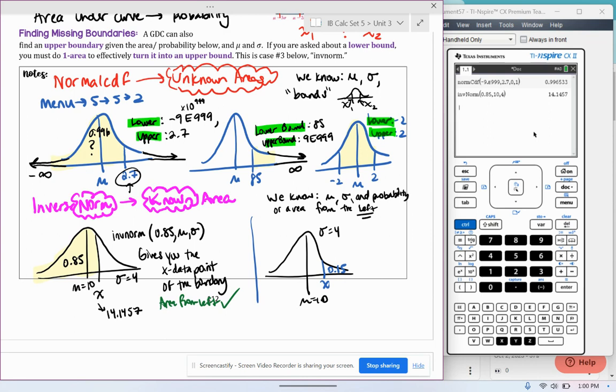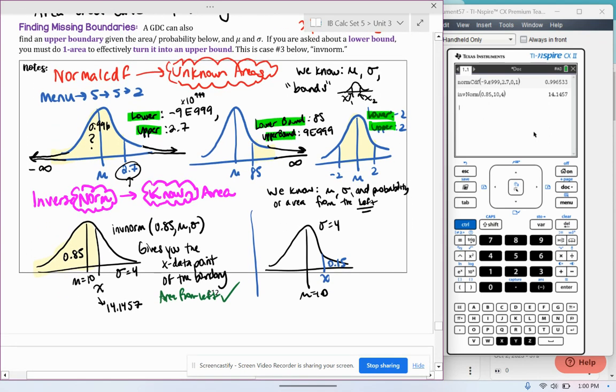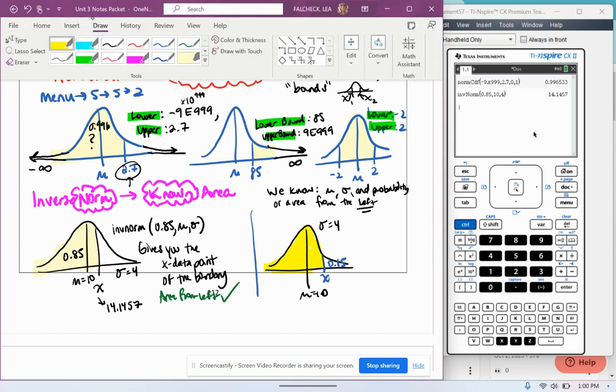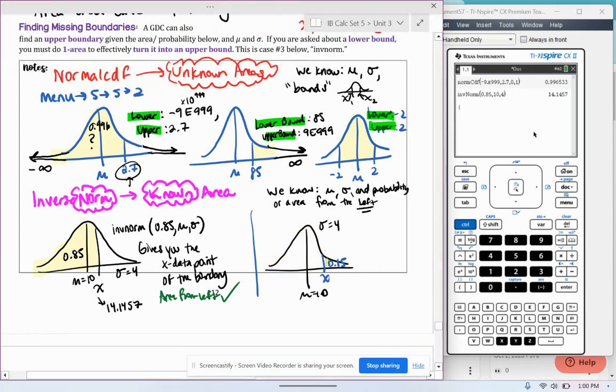Well, CDF is going to be a cumulative density function, so it only accumulates area from the left of the curve. Think about it. As we're reading from left to right along the x-axis, that's where it's accumulating its area. So if we're given an area on the right, then we are going to need to do 1 minus the area on the left.